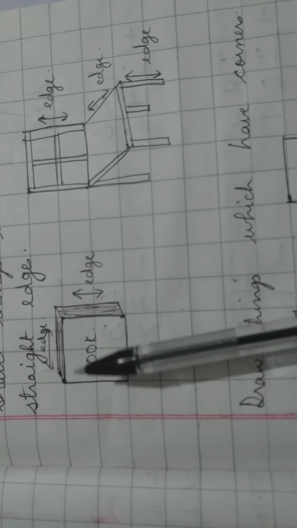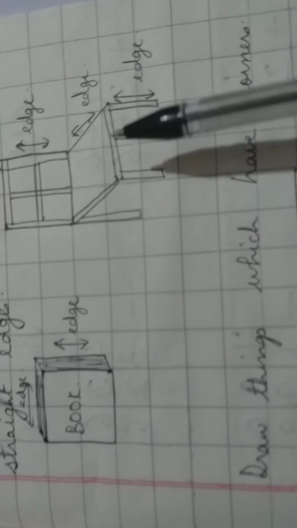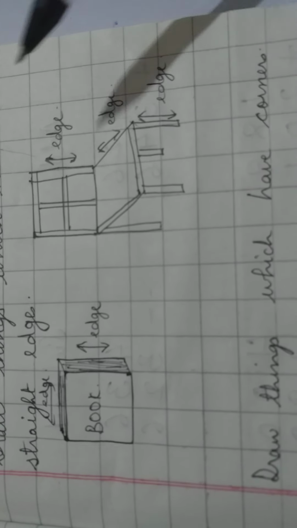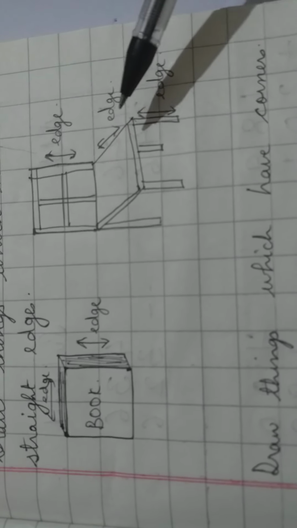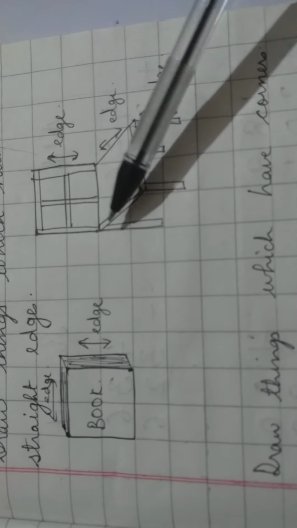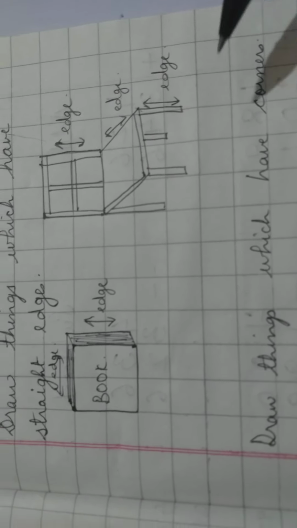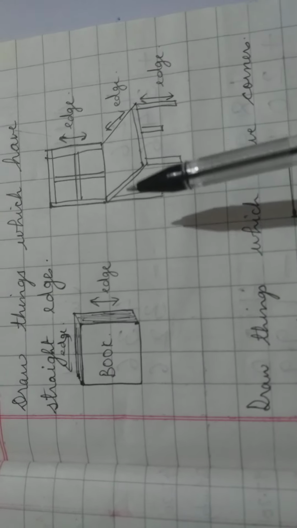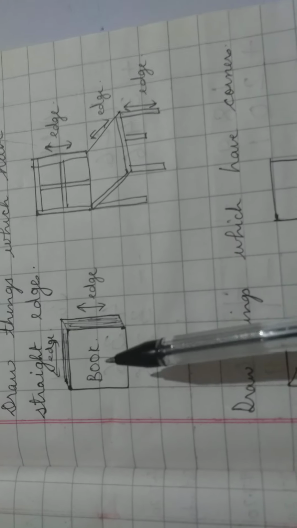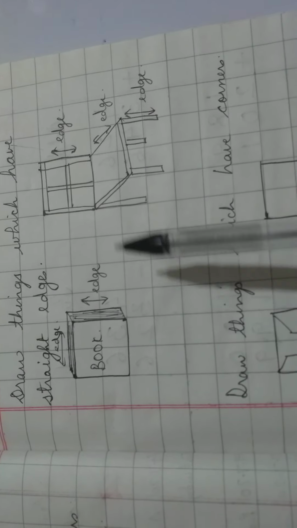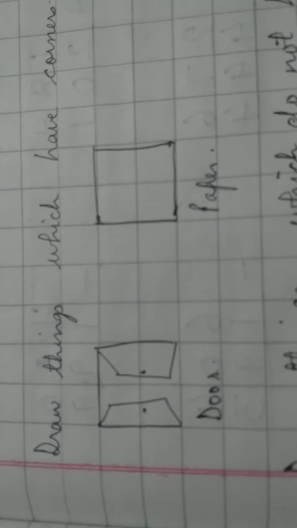The straight lines will show you the edges. And here it is a chair. So these are the edges. This side also, so many edges are there. Okay, now the books and the chair will have corners also, but here we are drawing and showing only the edges.